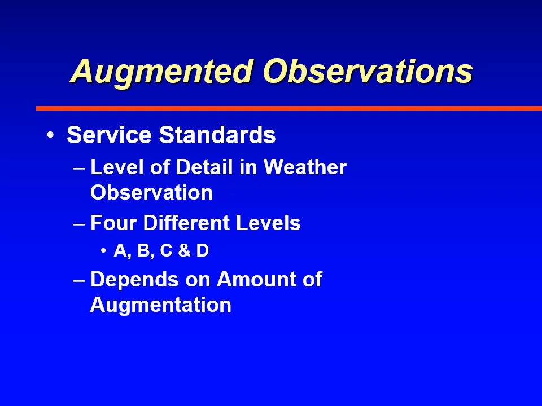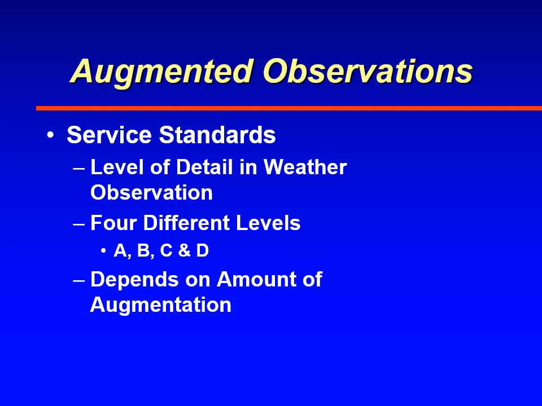The FAA has a scorecard, so if an airport has really bad weather and lots of air traffic, it gets service standard A, which means the weather observer there can provide the highest level of augmentation. Whereas if the airport really doesn't have much going on, there may not even be a control tower, then that weather machine will have service standard D, which means there is no augmentation. Then B and C are levels in between A and D, with B being higher than C.